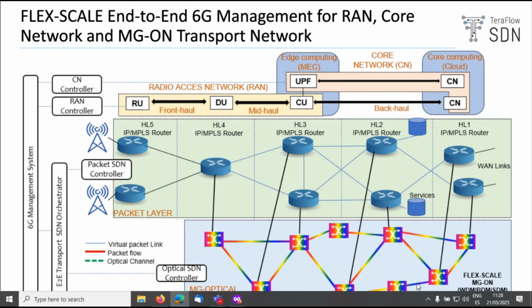This allows us to interconnect the different 5G radio units to the DU, CU, and finally the core networks. Also, we are looking at different functional splits where we can even have the UPF at the MEC computing side.